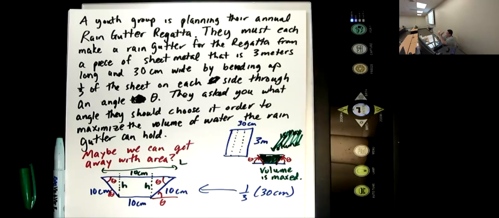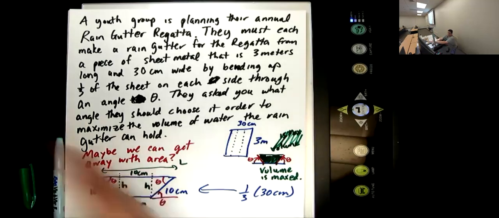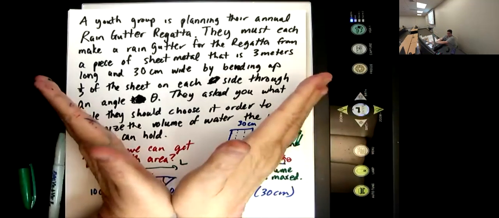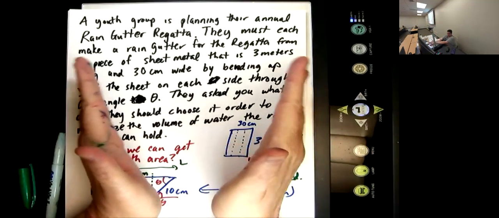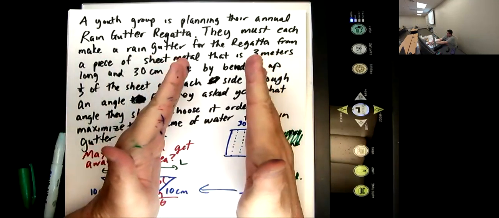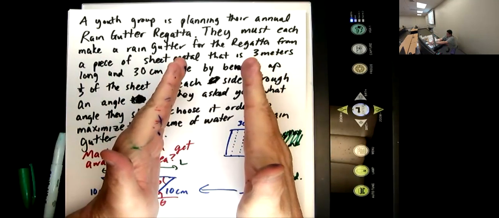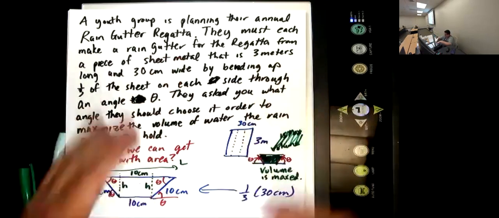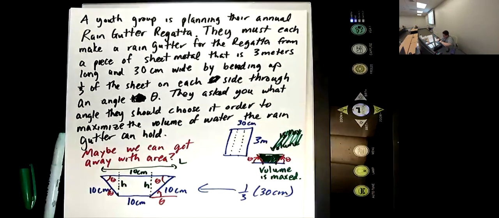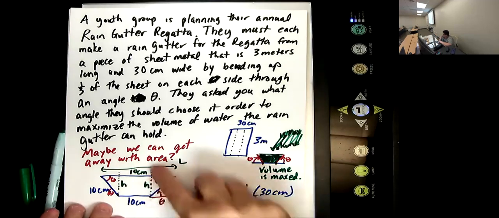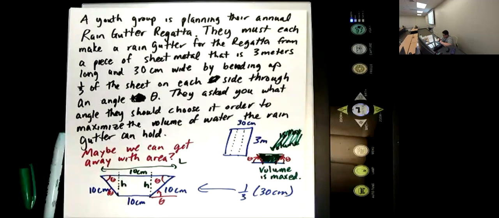As it's like this, the tips of my fingers are further apart, but as I make the angle more vertical, the tips get closer. So that length's changing, and so is the actual height, because as that rotates up, it gets a little taller. So L is changing also.